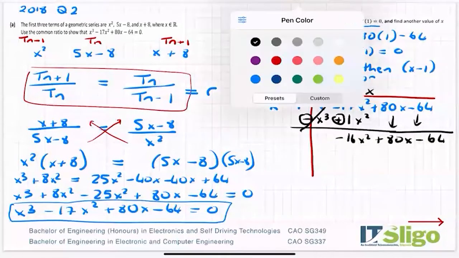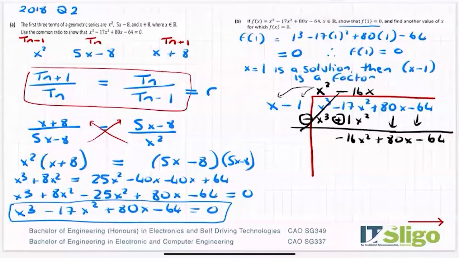Okay, and then you multiply that by everything on the outside. Okay, so that you get minus 16x by x is minus 16x squared. Minus 16x by minus 1, well, minus by minus is a plus.